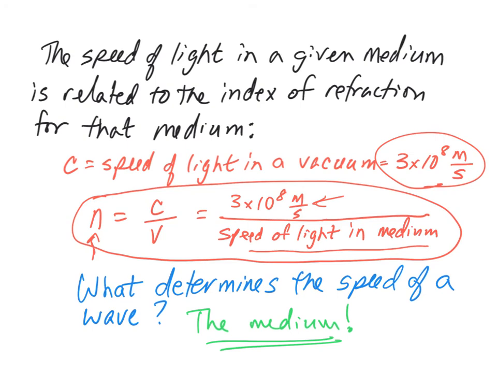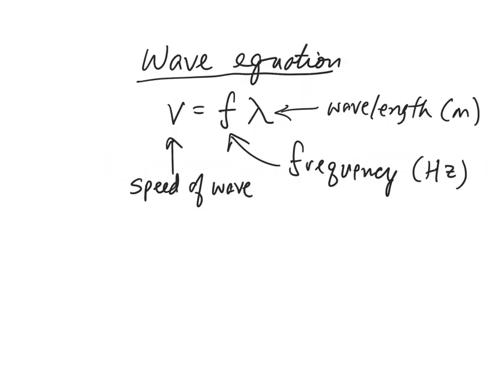On the next slide, I'm going to talk a little bit about the wave equation, which can be a little bit confusing, as simple as it seems. The wave equation is just v equals f times lambda. v is the speed of the wave. f is the frequency of the wave. It's that f that looks like the force of friction.